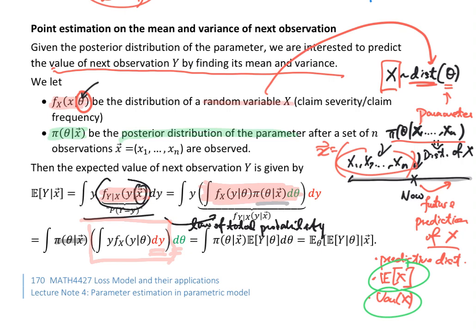And here, if you look at this, this one is nothing but the expected value of y, and here the y is just the same as the x. Because this PDF is subject to the assumption that you know the theta, this one is actually just the conditional expectation of y given theta.